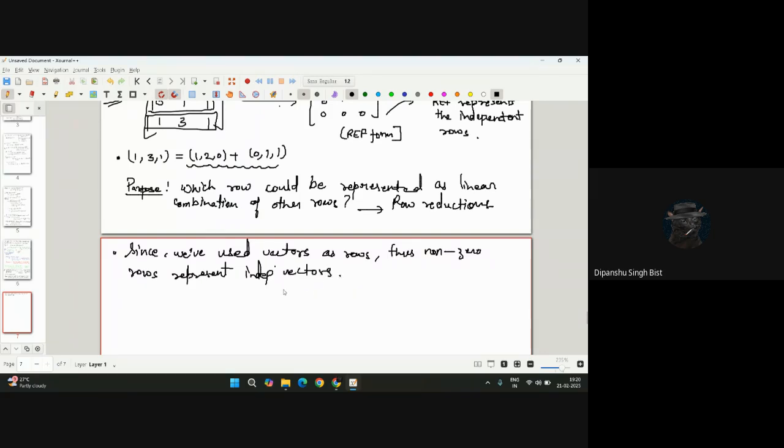And what do we want? We want independent vectors, because independent vectors will make the basis for us.